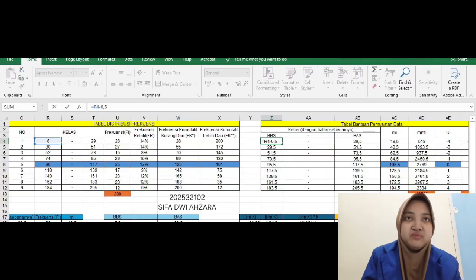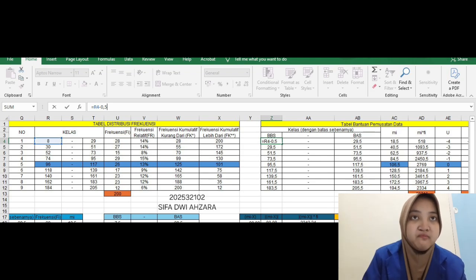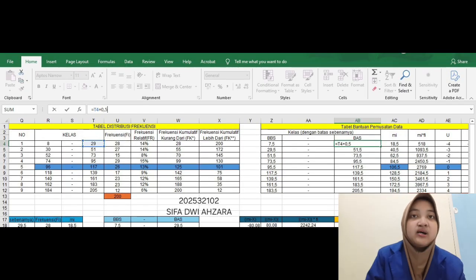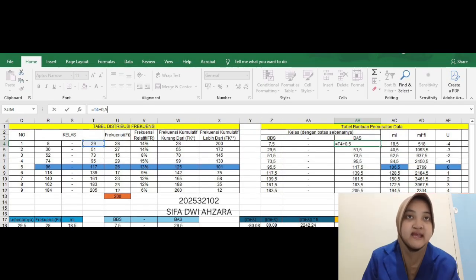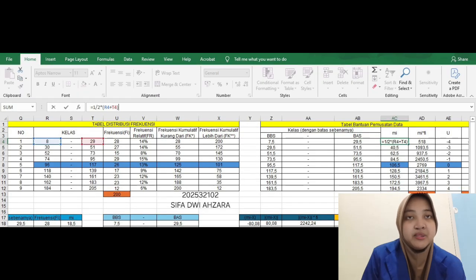5. Finding VDS, VAS, midpoint, and coding method. The lower class boundary or VDS is calculated by subtracting a half from the lower class limit. The upper class boundary or VAS is calculated by adding a half to the upper class limit. And then the formula of midpoint is equal a half times VKV plus VKA.